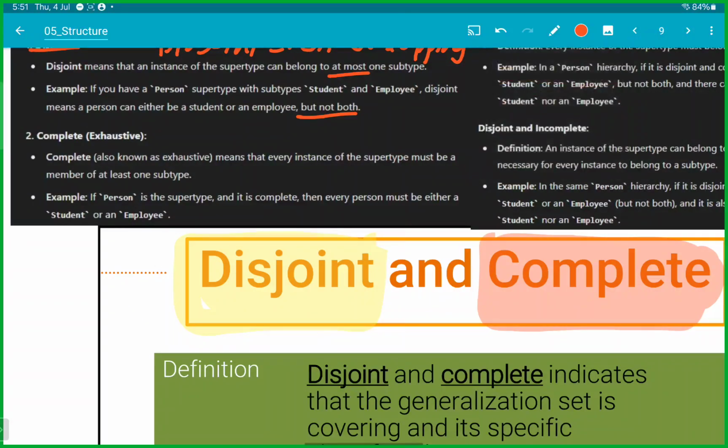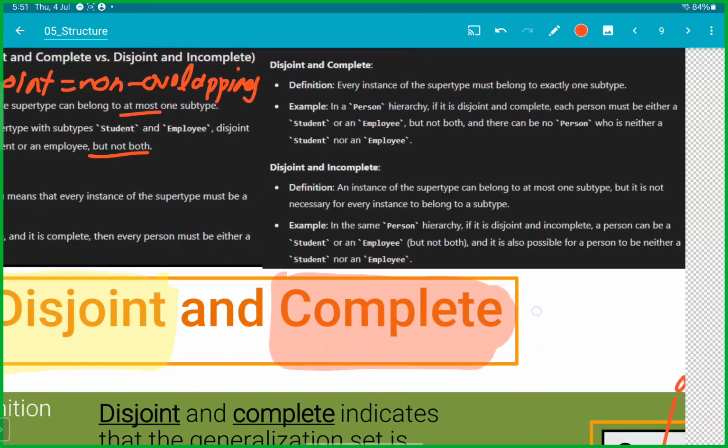So complete means that every member of a supertype must be a member of at least one subtype, one subclass. An example would be if person is a supertype and it is complete, then every person must either be a student or employee. It means everybody is within one subclass of student or subclass of employee.